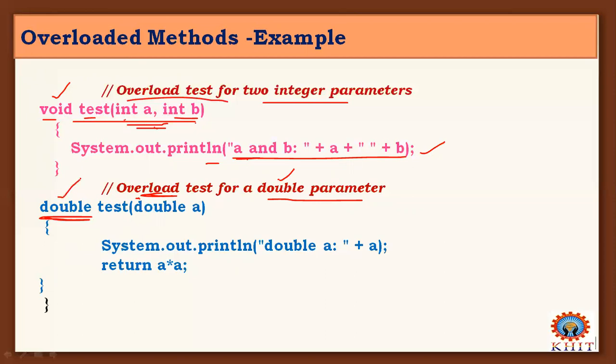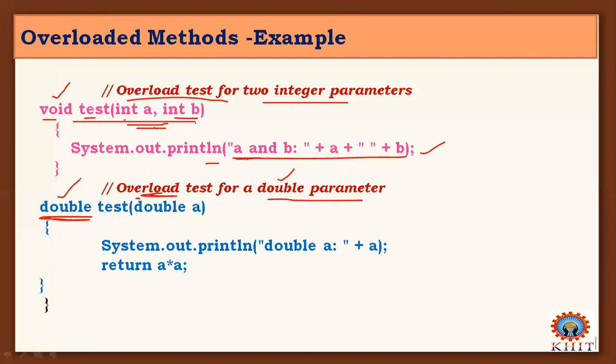Here itself is the difference compared with the other test methods: even with the same name, the return type and parameter list are different and the number of parameters is different.